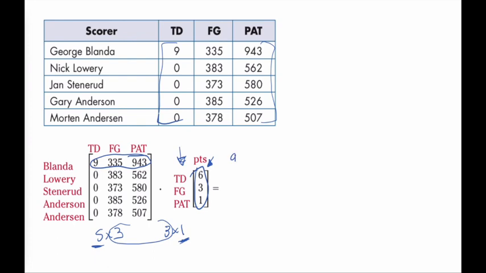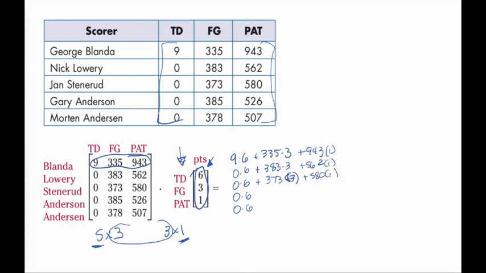So 9 times 6 plus 335 times 3 plus 943. And this is 0 times 6. All the rest of these are 0 times 6. And this is 383 times 3 plus 562 times 1. And this is 373 times 3 plus 580 times 1.